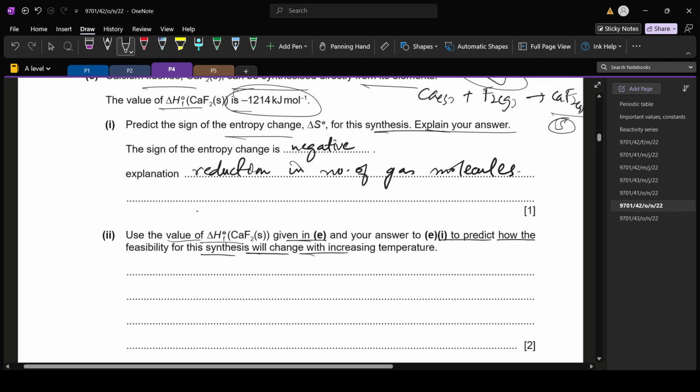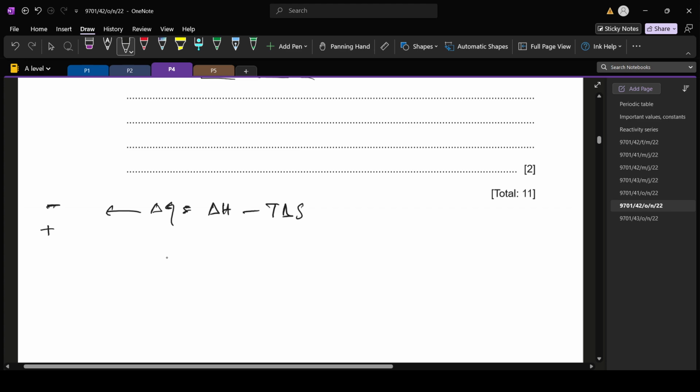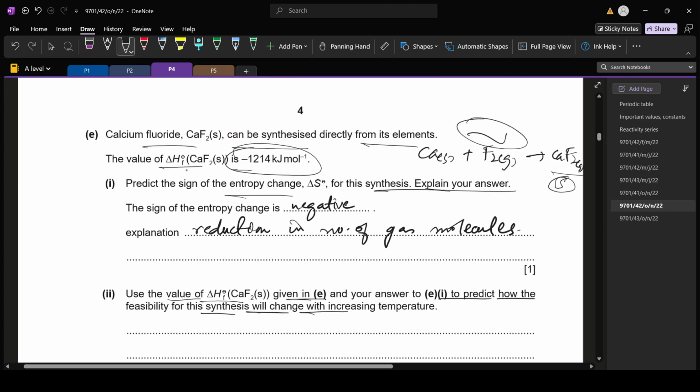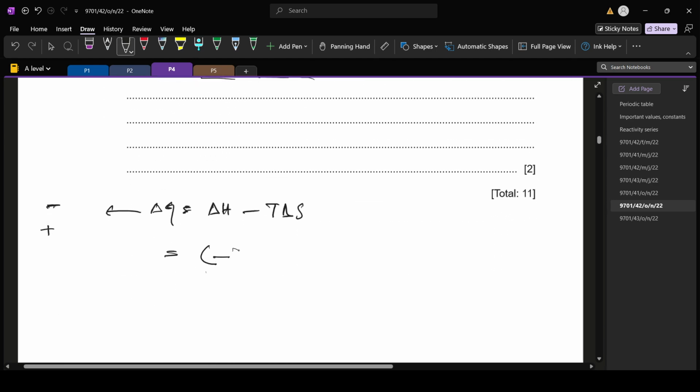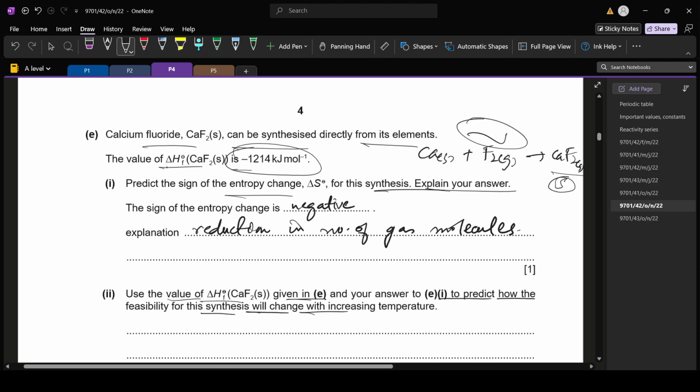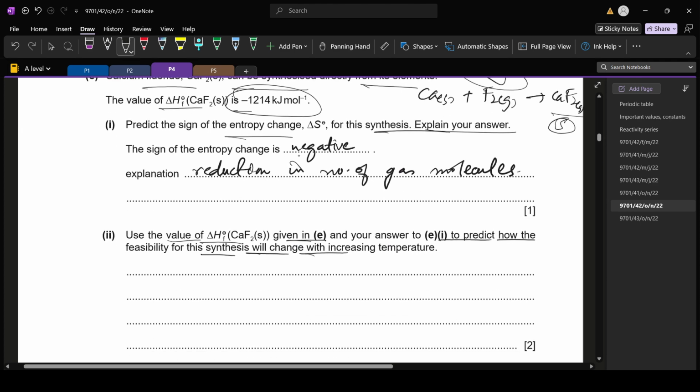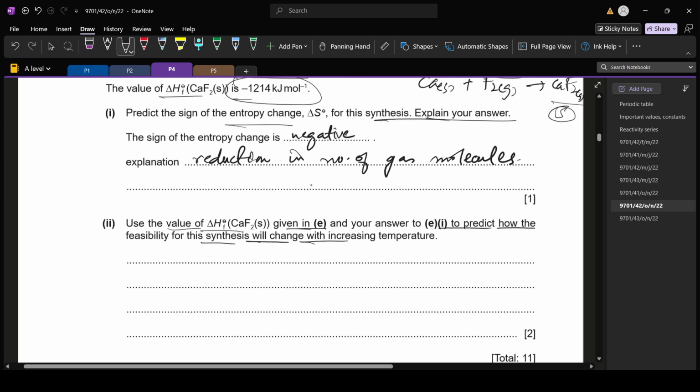Okay, so let's first see the enthalpy change. You can see that the enthalpy change of formation is negative, so let's write it negative here. Then you have the negative sign, then T, and you also calculate that the sign of the entropy change is also negative.